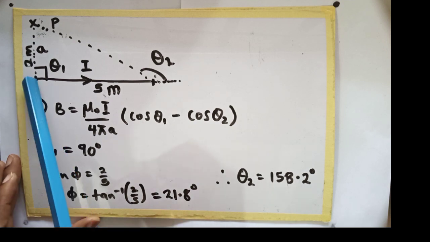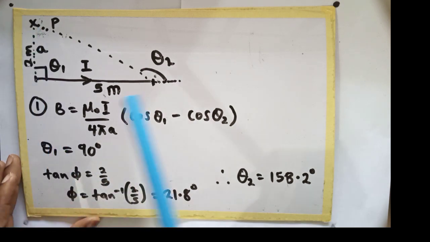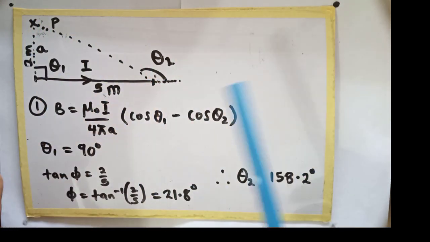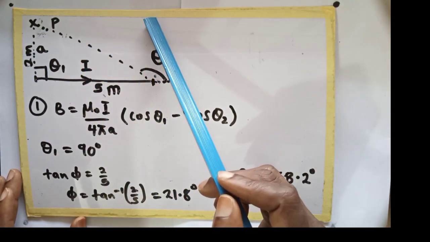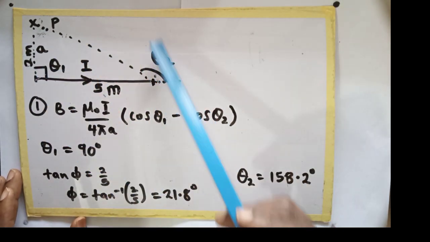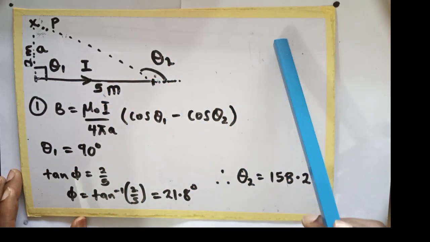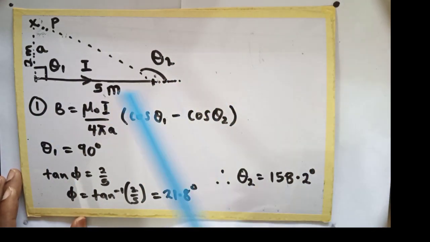If I trace this edge, it forms a straight line which is perpendicular. Whenever you have a problem, always trace this edge and this edge to the point. So if the point is here, you trace this point and this one. If the point is here, you trace this one to that edge and this one to that edge. Hope that's okay.